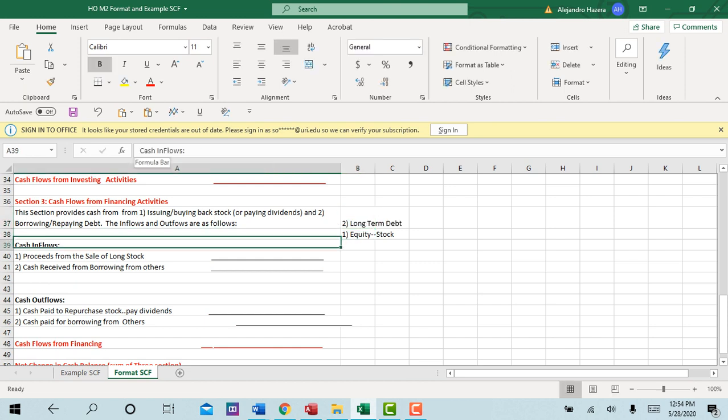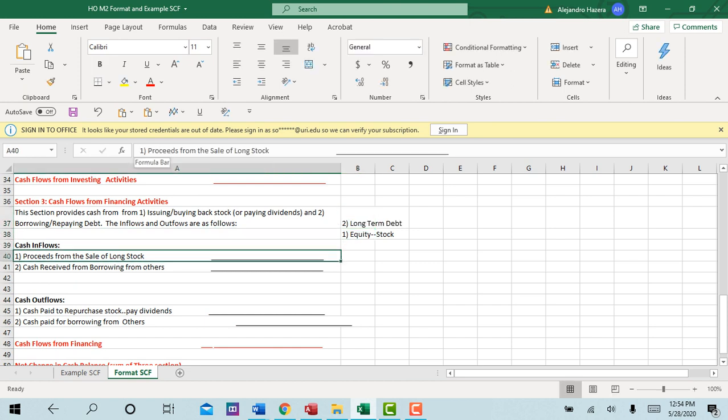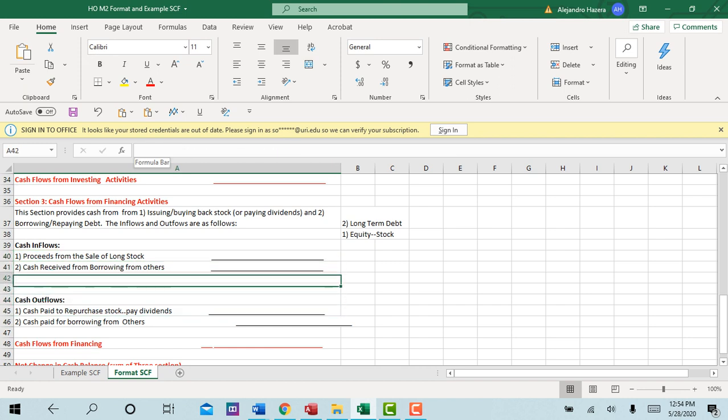Okay, so for activity number one, which is issuing stock and buying it back, paying dividends, the inflow is when you sell the stock, when you issue the stock. When you sell stock, cash comes in. The equal and opposite outflow is when you buy it back, or equally when you pay dividends. So, and that makes sense. When you sell anything, cash comes in. When you buy something back, cash goes out.